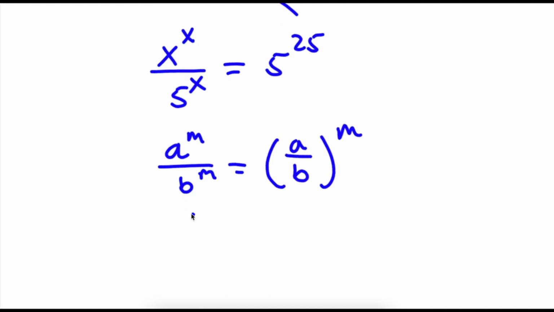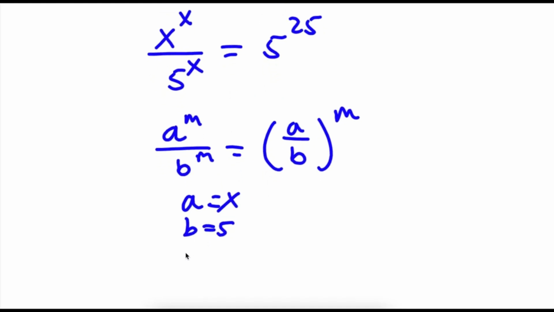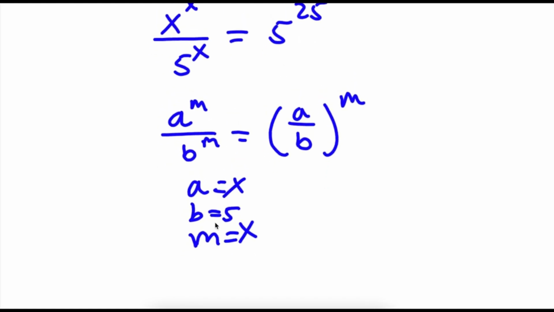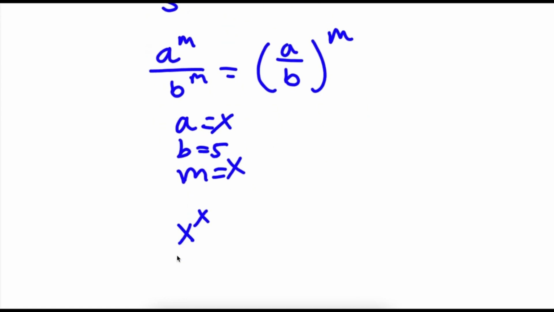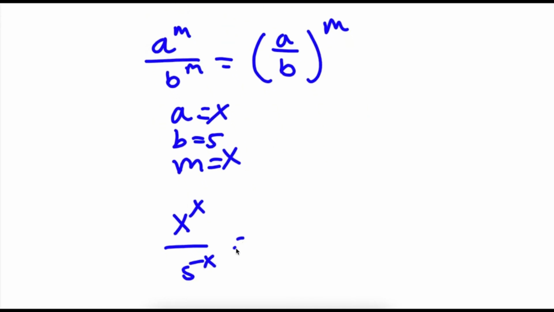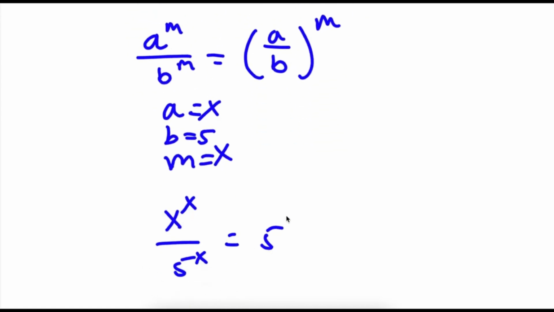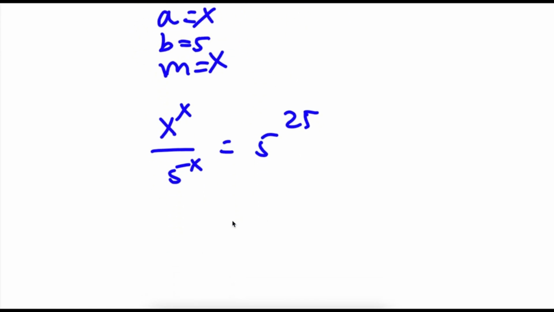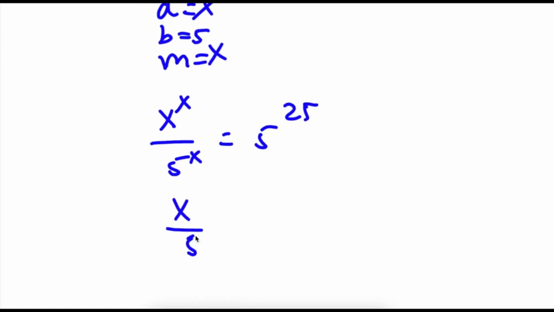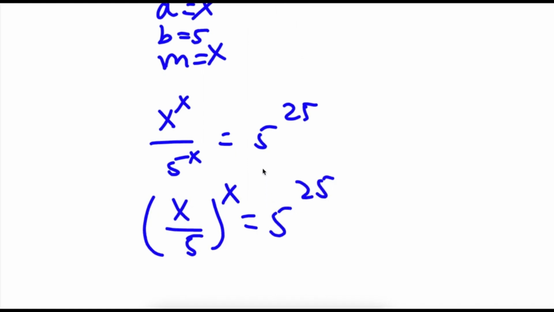So in this case, a would equal x, b would equal 5, and m would also equal x. So from x to the power of x over 5 to the power of x is equal to 5 to the power of 25, I can rewrite this as x over 5 to the power of x is equal to 5 to the power of 25.